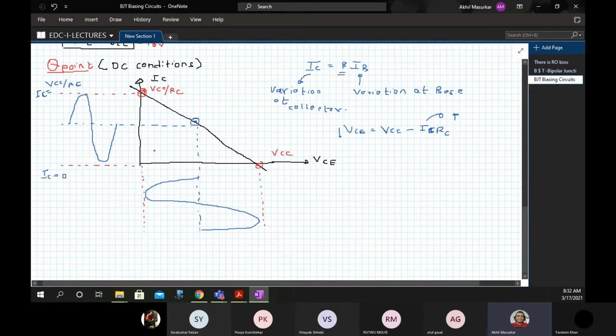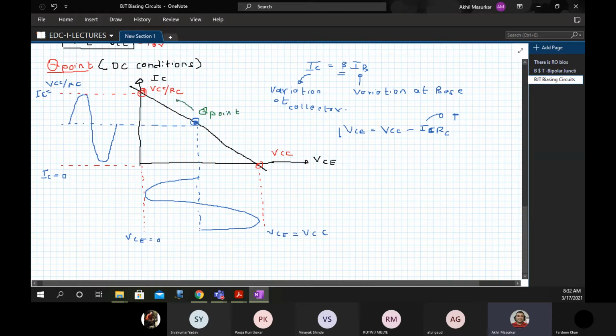So here we can write VCE is equal to 0, and here the maximum value of VCE is going to be equal to VCC. By looking at this, we can say that it is better that the Q point is at the center of the DC load line. This is our Q point.